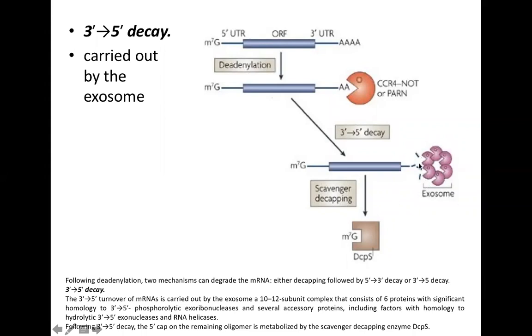This exosome complex attacks the 3' end and starts destroying the mRNA molecule in the 3' to 5' direction, and the last few nucleotides are left undestroyed, because they need to be destroyed by the scavenger enzyme, which in this case is DCPS. DCPS destroys the remaining oligomer as well as the cap. And this is how mRNA is destroyed in 3' to 5' fashion.